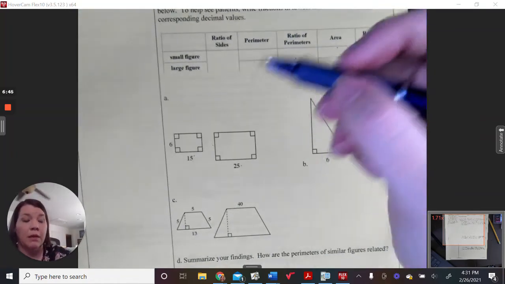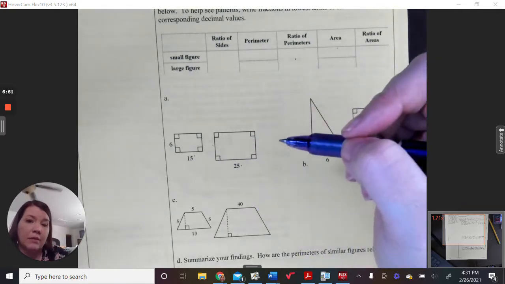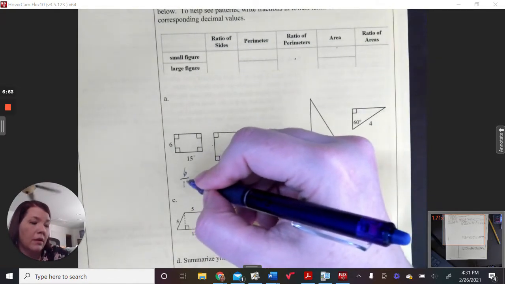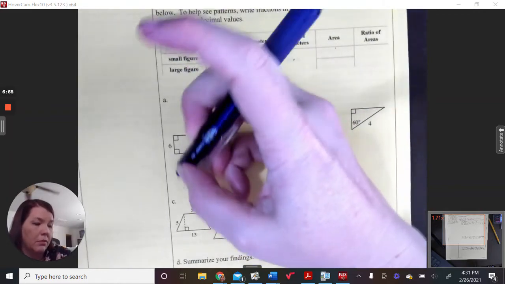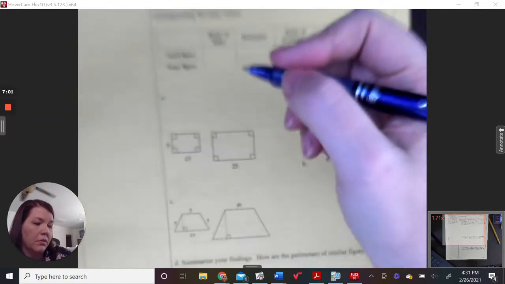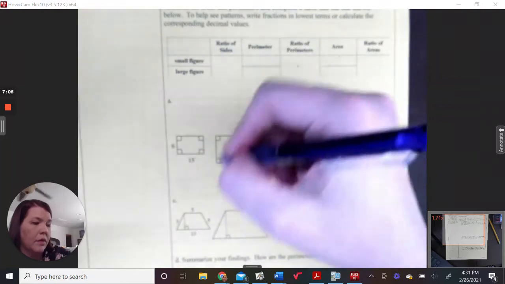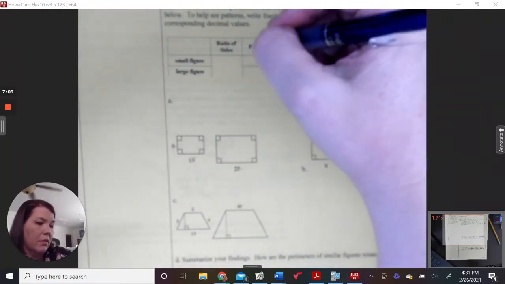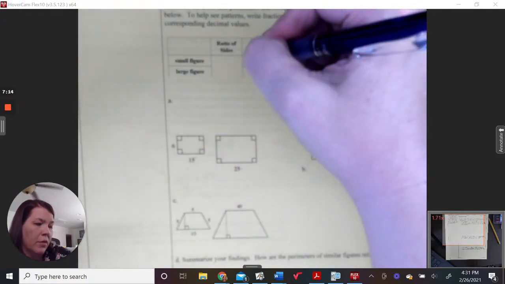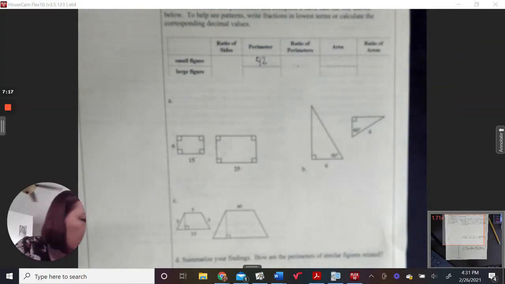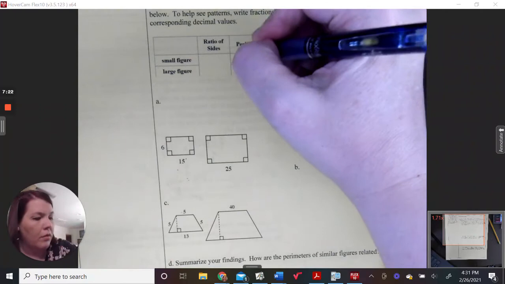So let's just start here. The perimeter is 6 plus 6, that's 30, so that's 42 units.